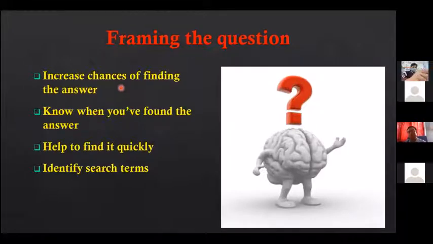So just focus on the important aim of your study. If you narrow down your aim, then you will be able to get the answer quickly. Also, you will know exactly when you have reached the answer.